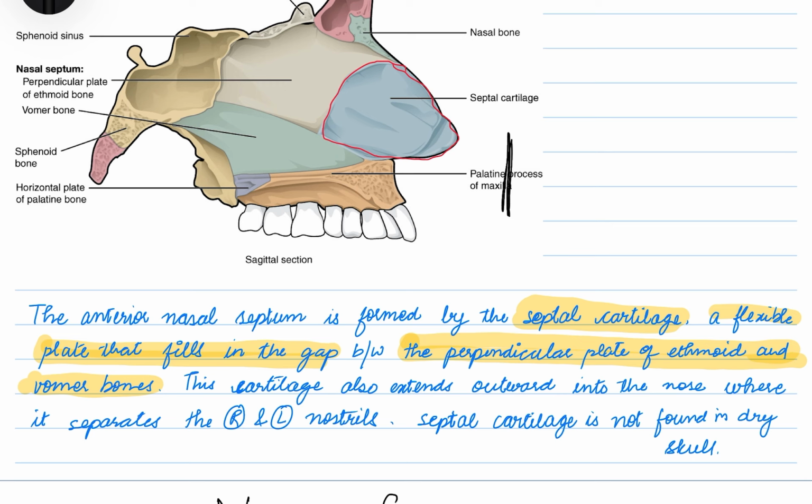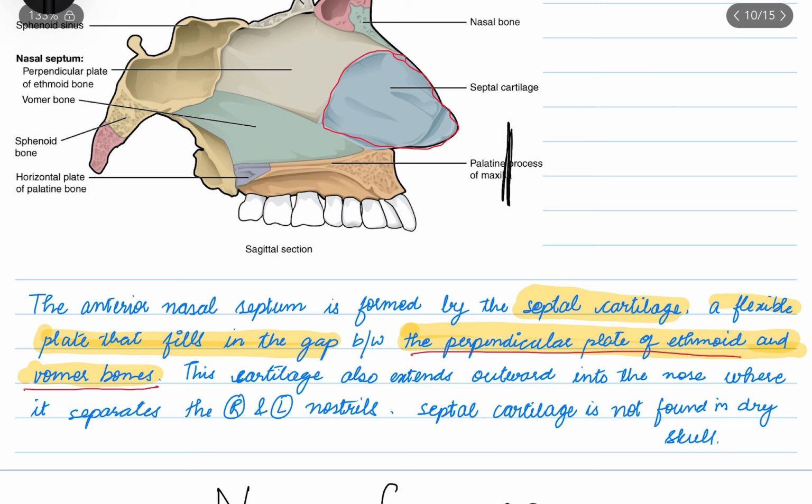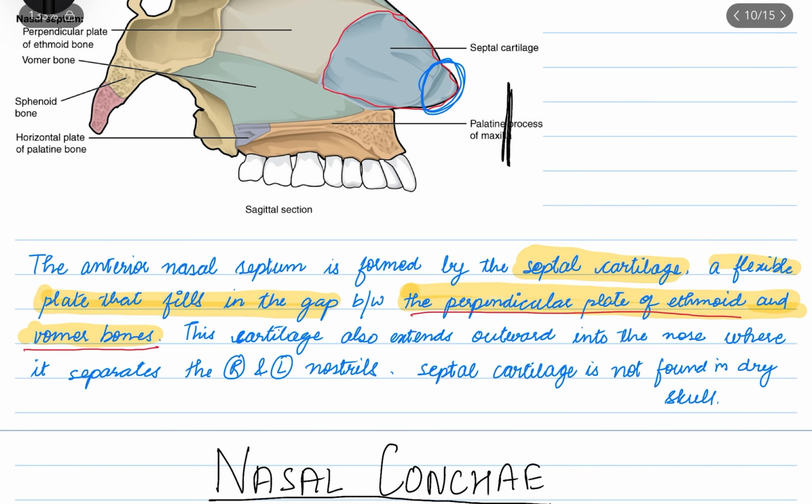It is a flexible plate that fills in the gap between the perpendicular plate of the ethmoid bone and the vomer bone. This cartilage also extends outward, and this protruding structure separates the right and left nostrils. The septal cartilage is not found in dry skulls.